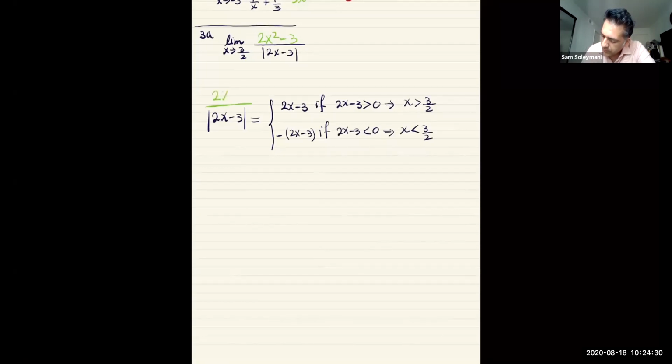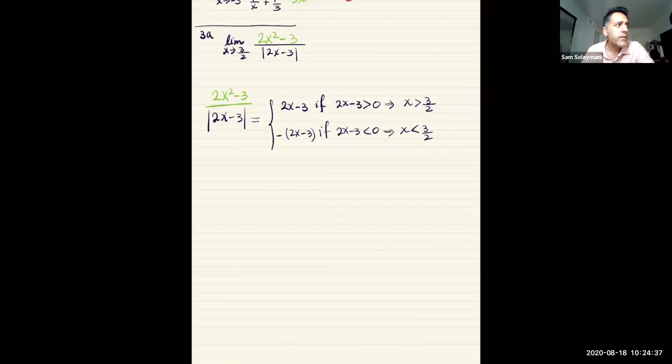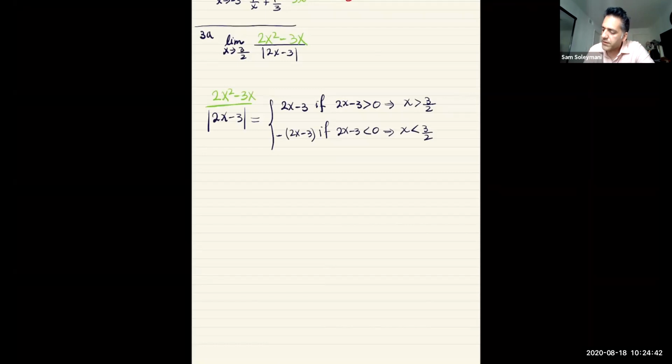Because I have this function 2x squared minus 3x, these become the denominator of the function. So put a 2x squared minus 3x on the top. So this piecewise function turns out to be, right?